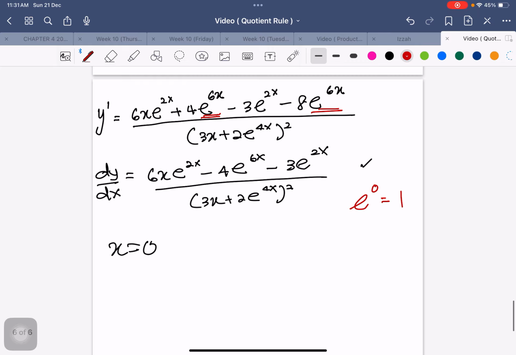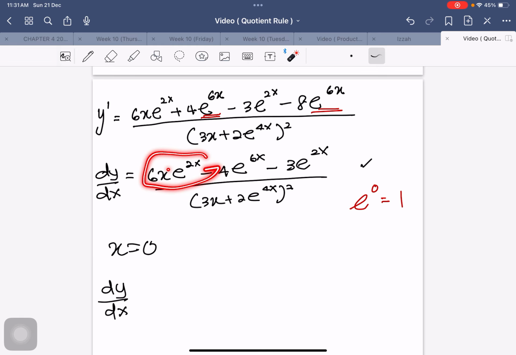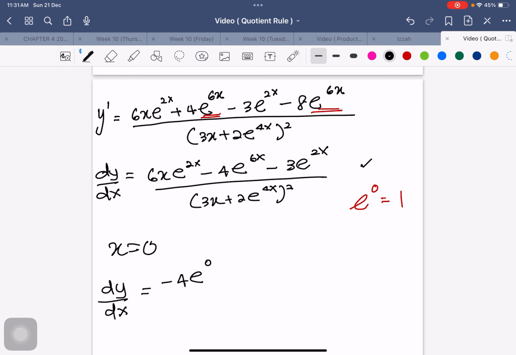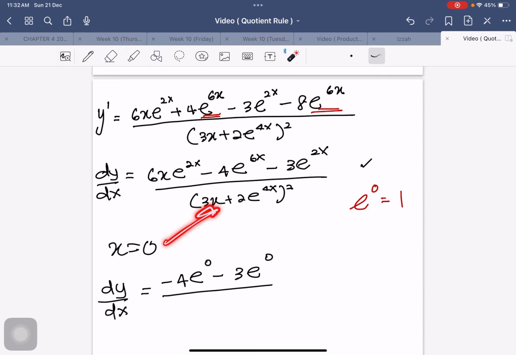Okay, so in this case, your dy dx is equal to, so the first term here, you have x. Right? So, if we replace x with 0, all of this will become zero, because 0 multiplied by anything gives 0. So, the second term, negative 4 exponent 0 minus 3 exponent 0, over, for the bottom, as for this one, 3 multiplied by 0 will give you 0.